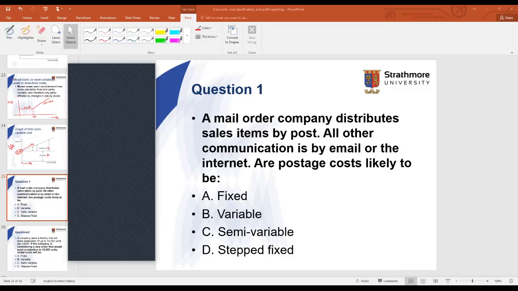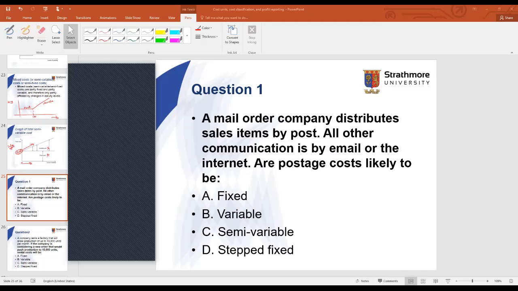However, if this company, for example, has a post office box with the Postal Corporation of Kenya, do you pay a fixed cost? Is there any charge you pay for having that post office box? Is there some fee that you pay in case you have an agreement with the post office?